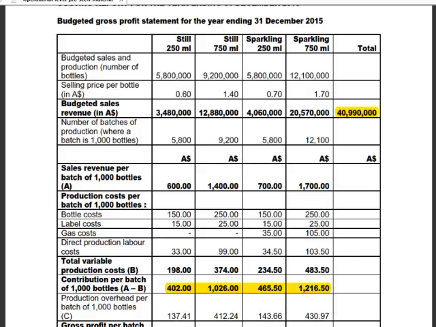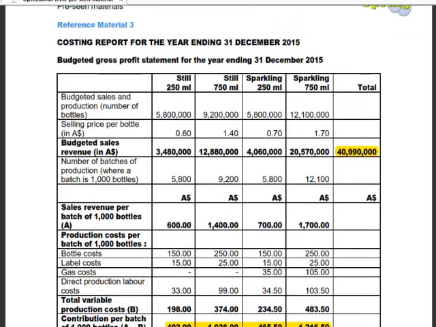There are several things here that might affect this budget, and let's see what sort of things somebody might come along with. The production manager might come along and say, well, I want to now change the production mix, and instead of making 50-50 between still and sparkling, I now want to make 75-25, for example. 75 still, 25 sparkling.